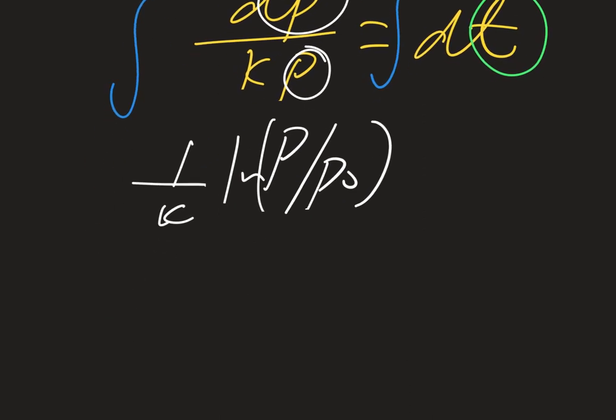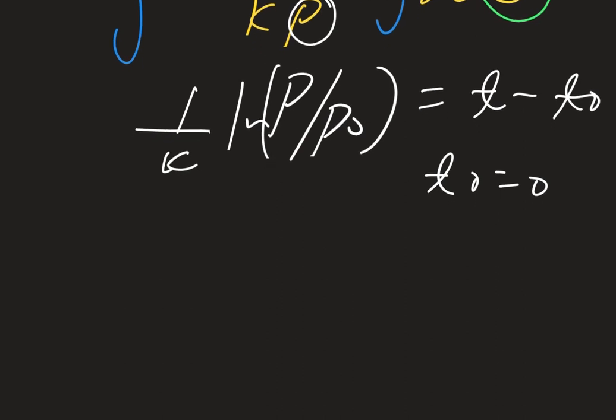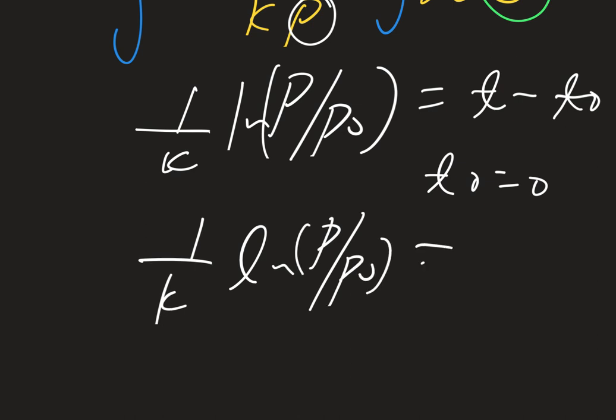Whenever you integrate 1 over P dP, it becomes ln P. So this is ln of P over P naught, final minus initial, because it is a logarithm, so we can make a division. Then t equals t naught, and t naught itself is 0. So you also know that 1 over k ln(P/P naught) is equal to t.